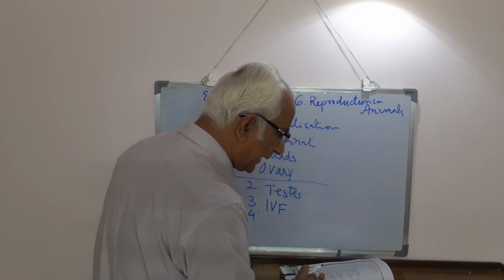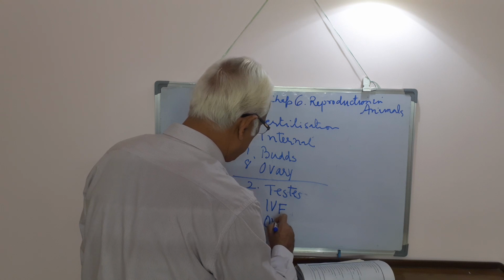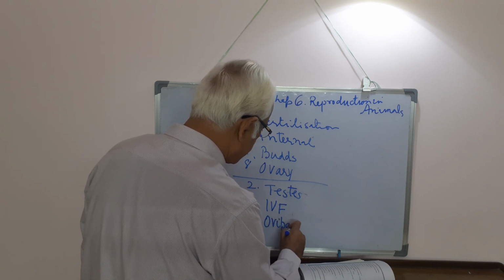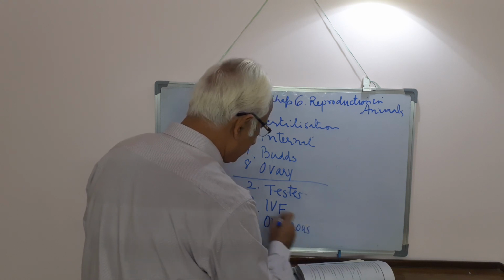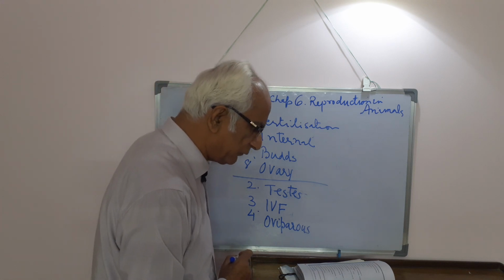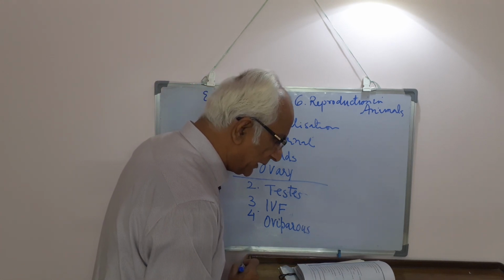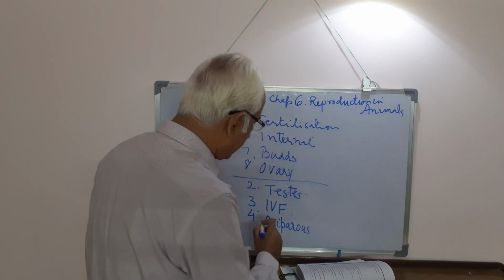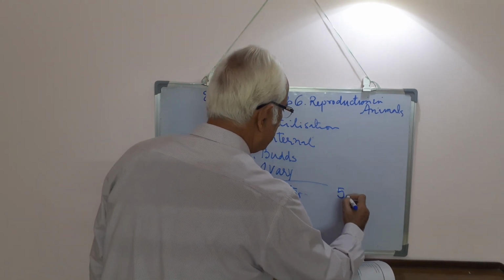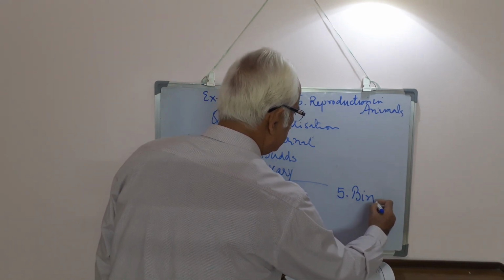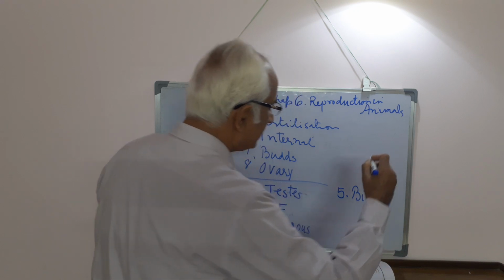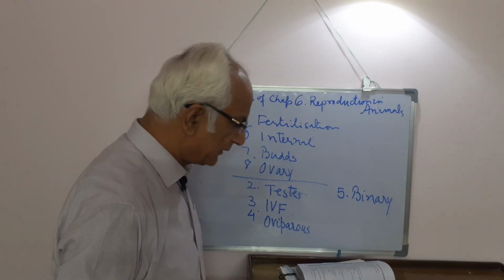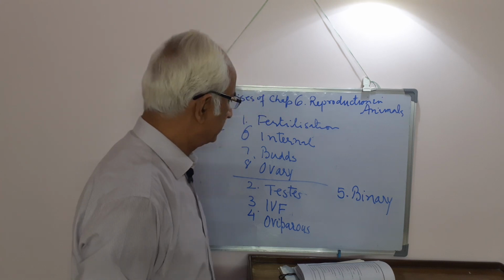These animals lay eggs, oviparous. So this is the word you have to write at 4. 5. A type of fission in amoeba, binary. So these are the words that you have to write in that crossword puzzle.